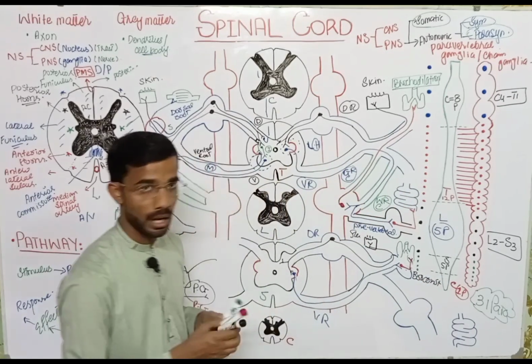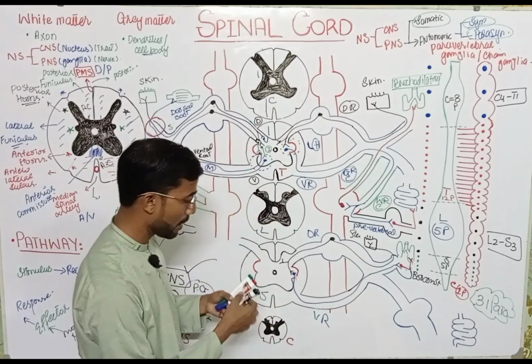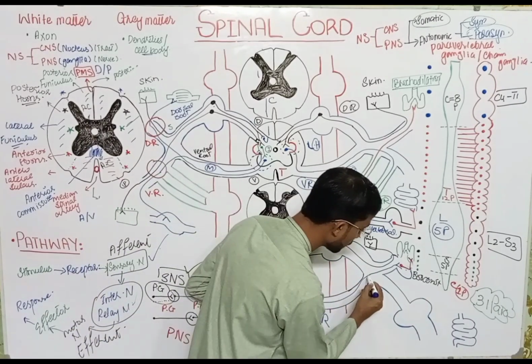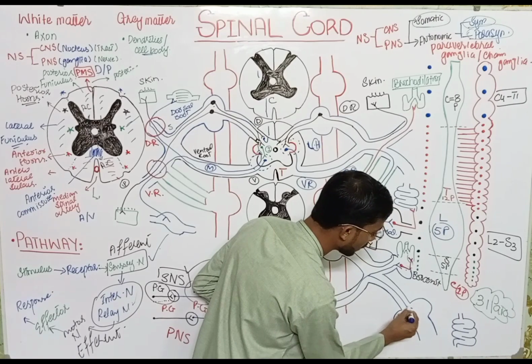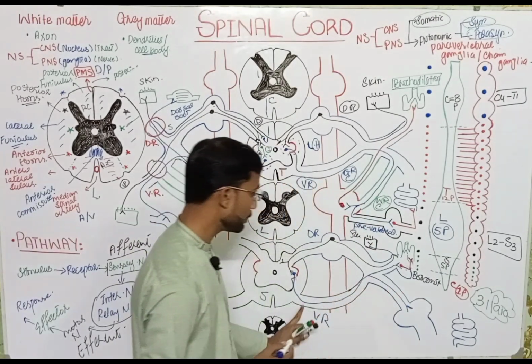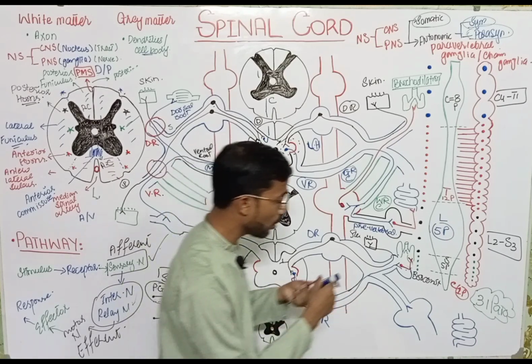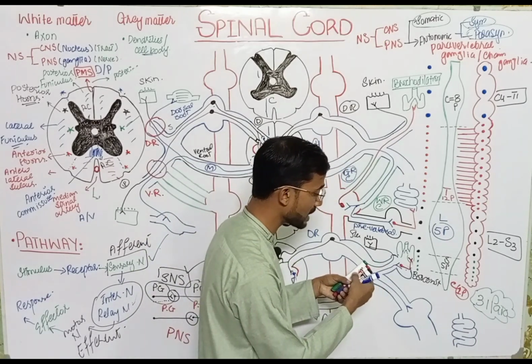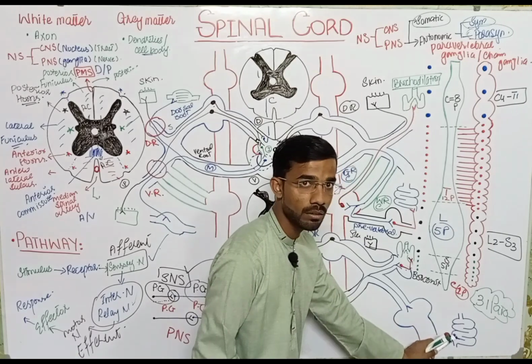constriction in the lungs. The sensory will remain the same, but now another branch goes here, and this is the branch of the preganglionic fiber. Now this preganglionic fiber forms a ganglia that is close to the organ.